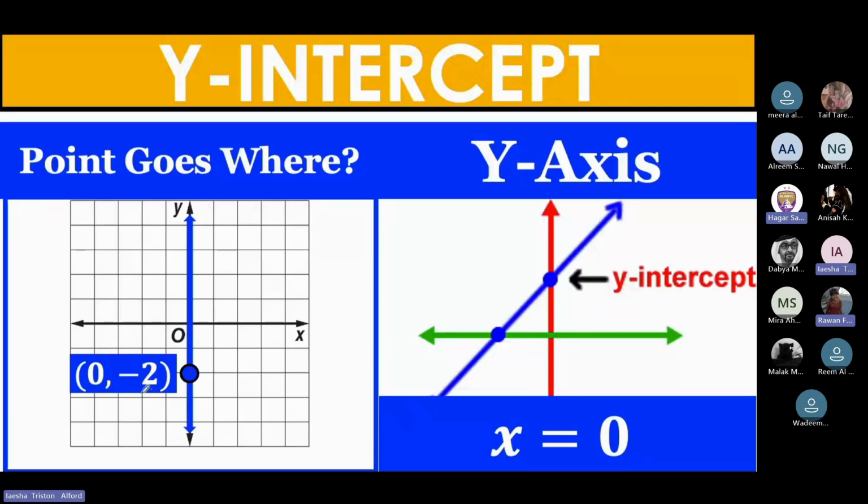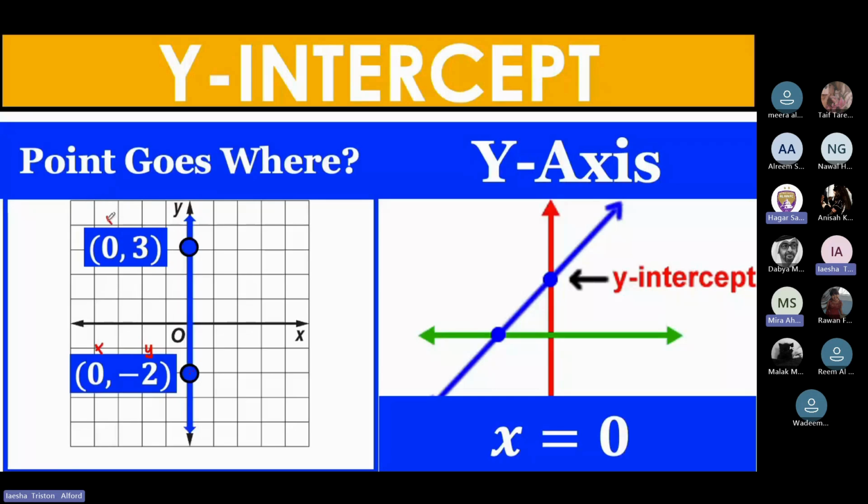Negative 2. Good. So x must be 0 and y is going to be negative 2. What about this point? Positive 3. What number is your x? 0. And the y? Positive 3. Good. Correct.